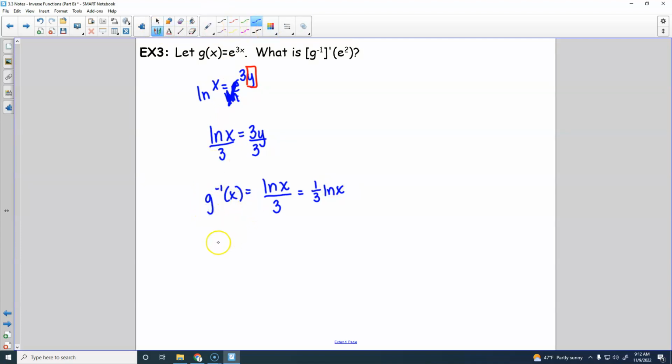So if I take the derivative of this, the notation looks like this, g inverse, I'm going to put some brackets around it, prime. So the derivative of the inverse. What's the derivative of natural log? 1 over x. So I'm going to have 1/3 times 1 over x, which is just going to give me 1 over 3x.